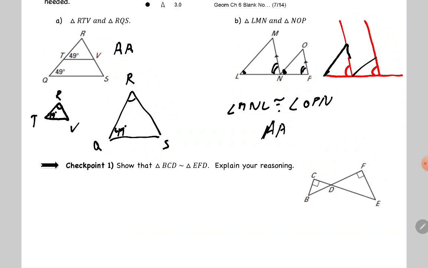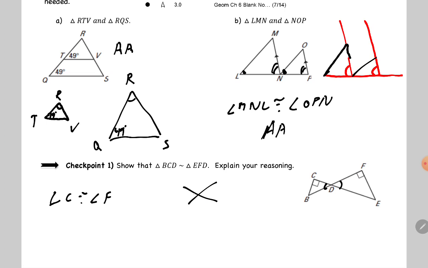So they give us angle C is a right angle, angle F is a right angle. So we have angle C is congruent to angle F. And then we just need to find one more angle. If you remember from first semester, if we have an intersection, that means opposite angles are also congruent.